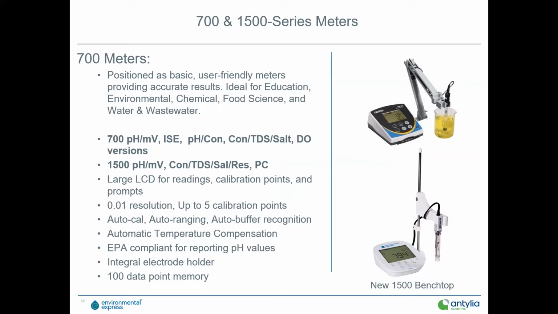Now, the one thing I did want to mention is the 1500, you can download your data. It is not GLP compliant in the sense that it doesn't have a time and date stamp, but it will download all your values that are locked in the memory.